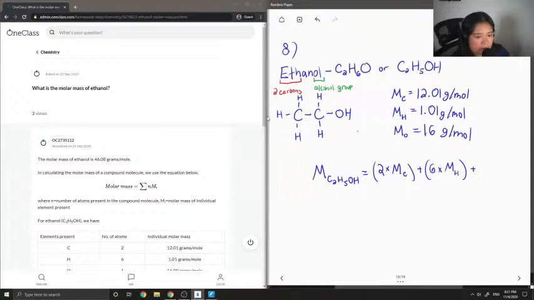And then finally, it's just 1 times the molar mass of oxygen, since there's only 1 oxygen atom in ethanol. Now I'm going to sub in the values.